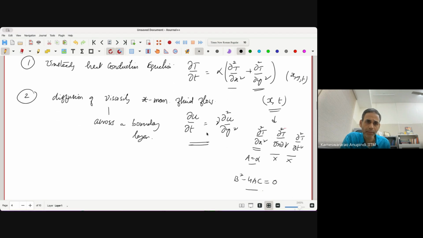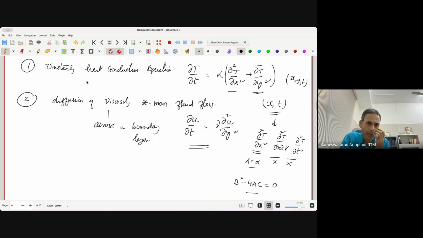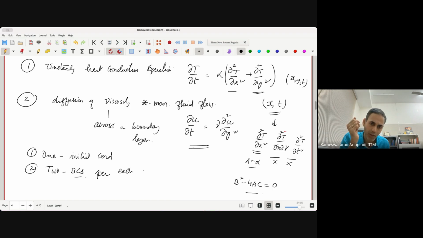Okay, so these problems have one real characteristic, and to solve this problem, we need to specify typically one initial condition, right, and then 2 boundary conditions, essentially 2 boundary conditions for each spatial coordinate. Okay, fine. So with that, we'll be able to solve parabolic PDEs.